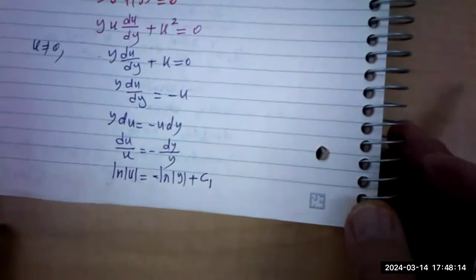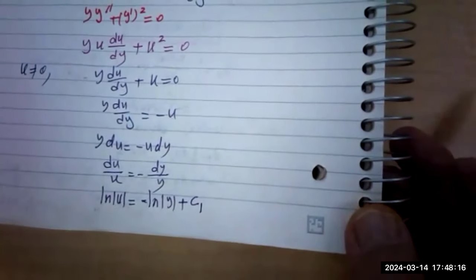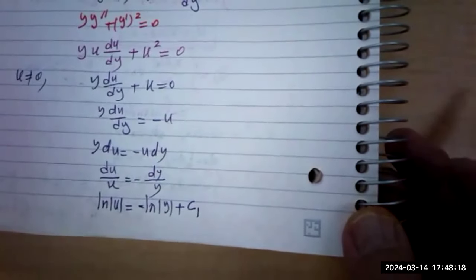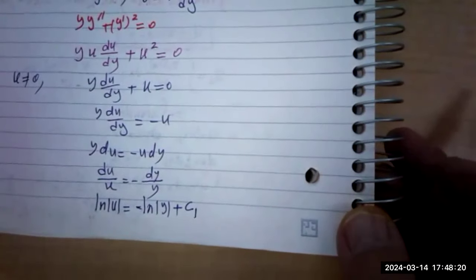So think about the next step. The next step is you have to solve for u and then replace the u by y prime. So these types of tricks are going to be possible. So you can take the e of both sides if you like. That's one version, and the other version is going to be this one.